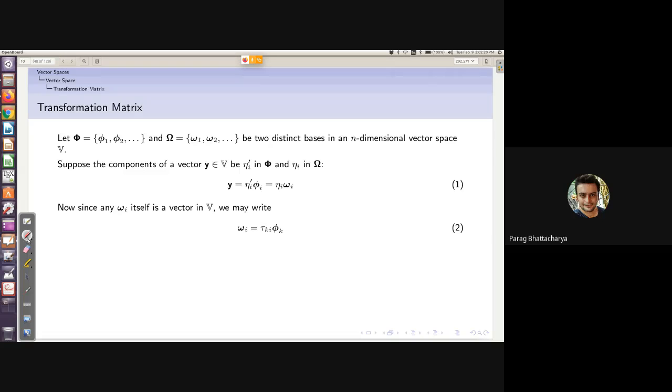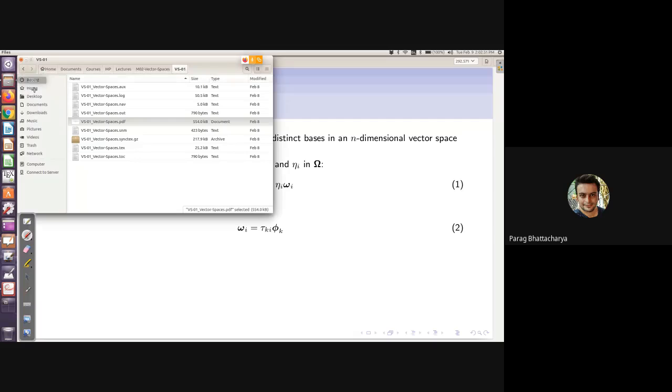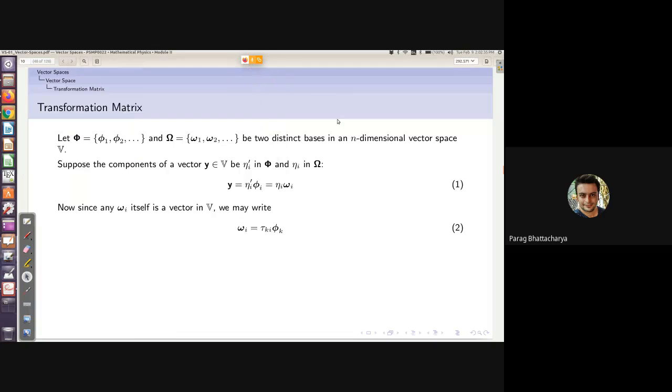An example of that is in your course on electromagnetism, you would have probably used the book by Griffiths, Introduction to Electrodynamics, in your BSc.